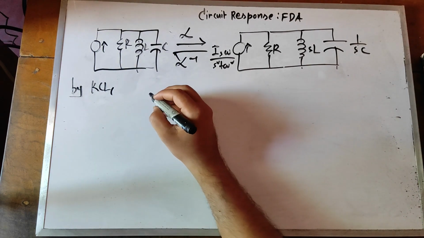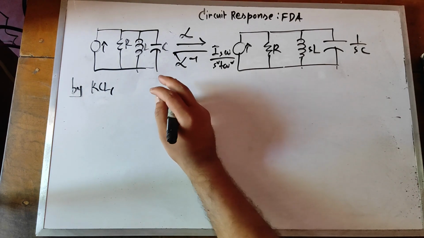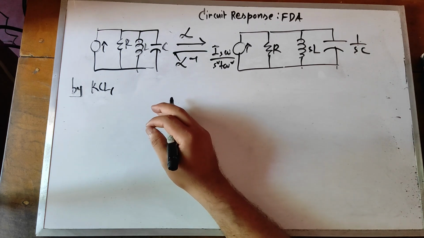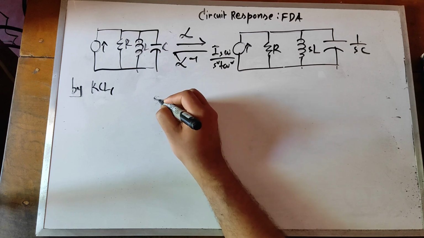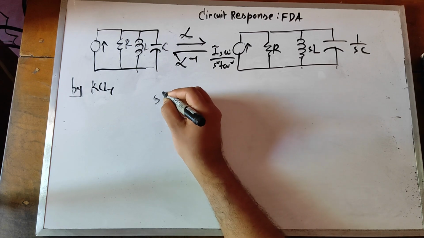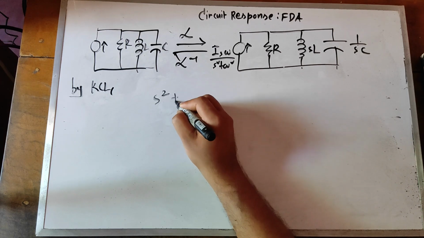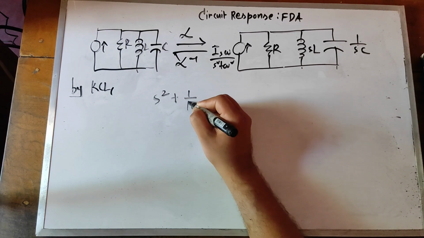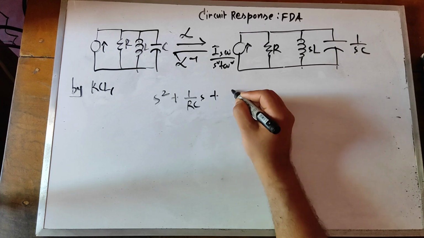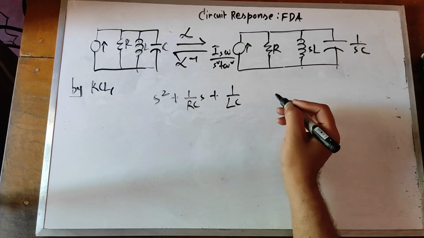So before going to the steady state response of the parallel RLC circuit in the frequency domain, let me first rearrange the characteristic equation. So s square plus 1 by RC s plus 1 by LC.